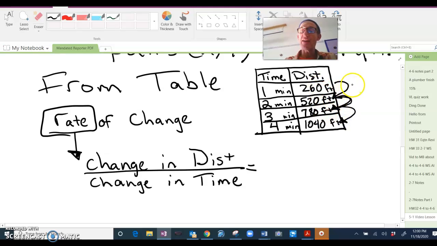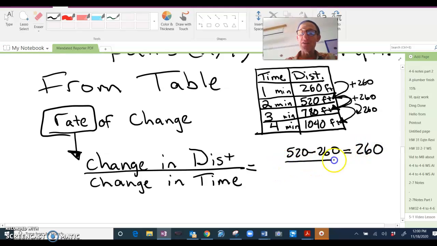So in order to do that, I have to subtract. So 520 minus 260 equals 260. Now that's distance. Time is 1 minute. 2 minus 1 is 1.